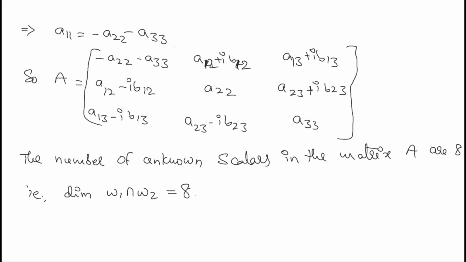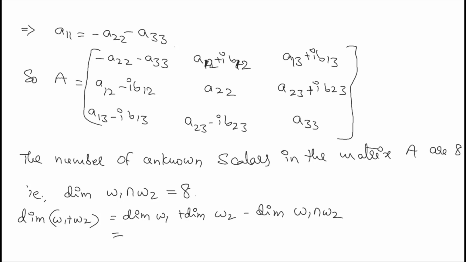So now to calculate the dimension of W1 plus W2 by the known formula, it is nothing but dimension of W1 plus dimension of W2 minus dimension of W1 intersection W2, which is nothing but 9 plus 16 minus 8, which is nothing but 17. That is the dimension of W1 plus W2. So the answer is 70.